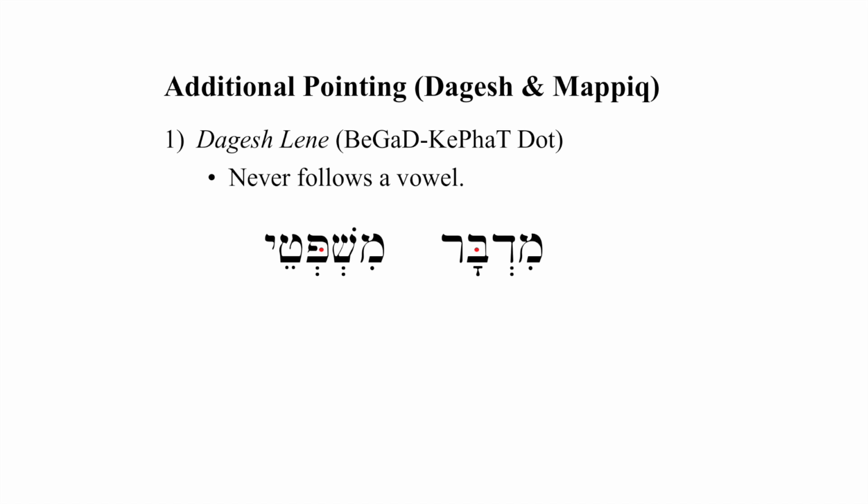Mishpate. The pe has a dot because it follows a schwa. There is no more sound as you begin to pronounce that particular letter. Mishpate. And it explodes forward as you move into the rest of the word. Dagesh lene, or the begad kafat dot, never follows a vowel.